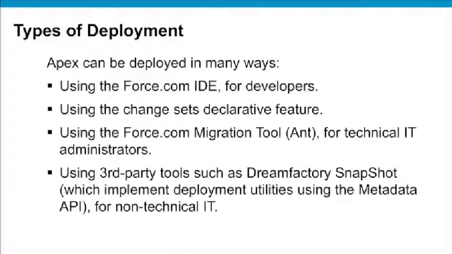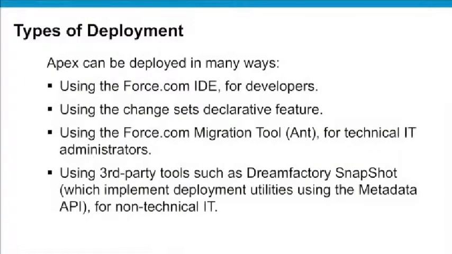Then we have the Force.com Migration Tool, which utilizes Ant, which is an Apache project. And then we have third-party tools. Because our Metadata API is a publicly available API, that is still out there and available for our partners to use. And we have one called Dream Factory, who created a tool called Snapshot. And there might actually be a few more out there.